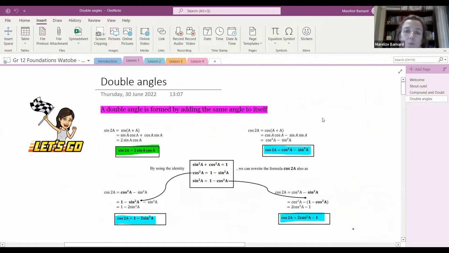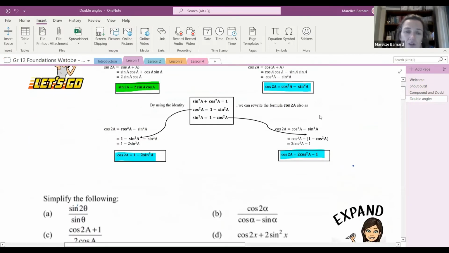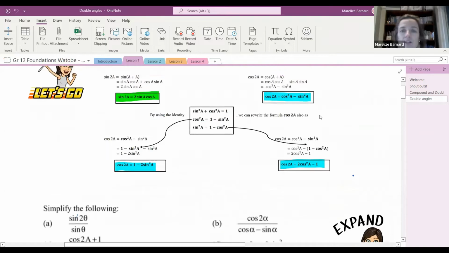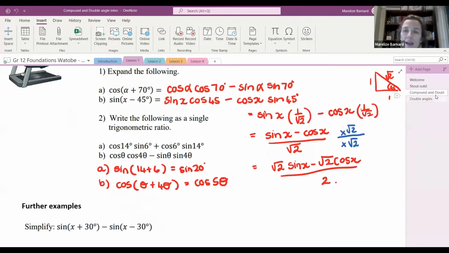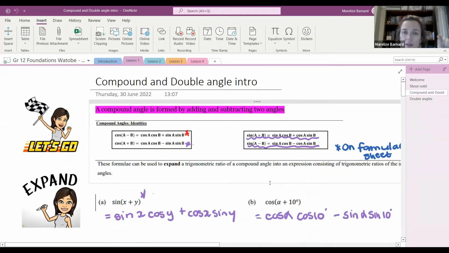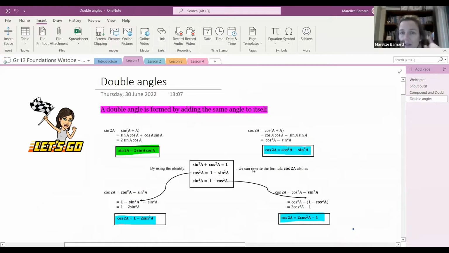And then we just had enough time to start with the double angles. Remember, a compound angle has to do with two angles that are being added or subtracted, whereas a double angle is an angle being added to itself. So it's like 20 plus 20, 40 plus 40. That's why it's a double angle, because it's twice an angle.